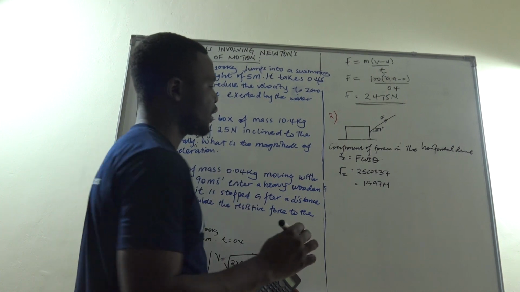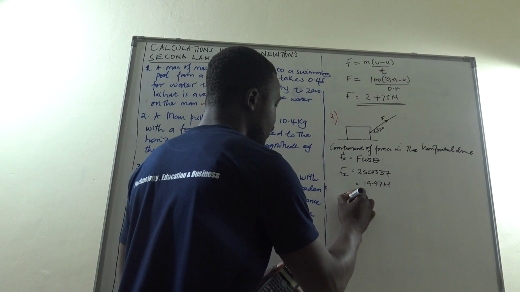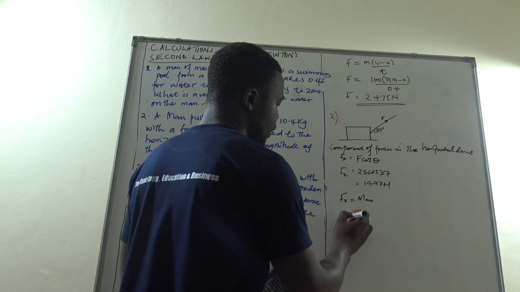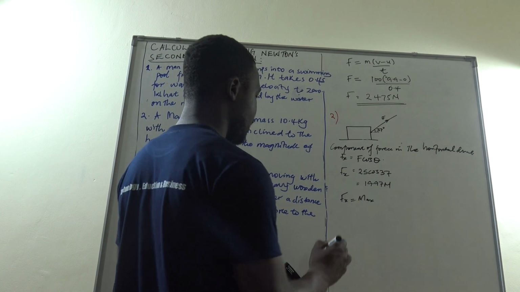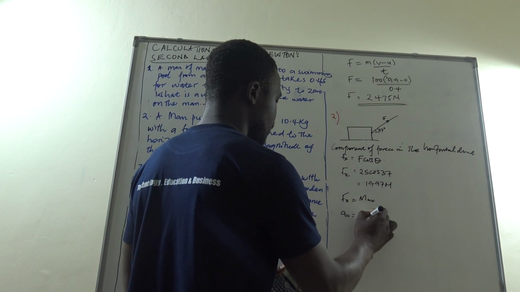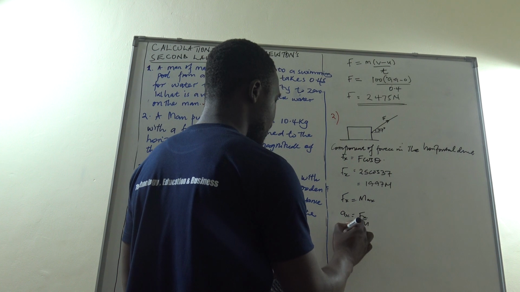But in the question they wanted acceleration. And what is acceleration? We can get this acceleration from the expression F is equal to ma. Therefore, our acceleration in the horizontal direction will be Fx out of m.